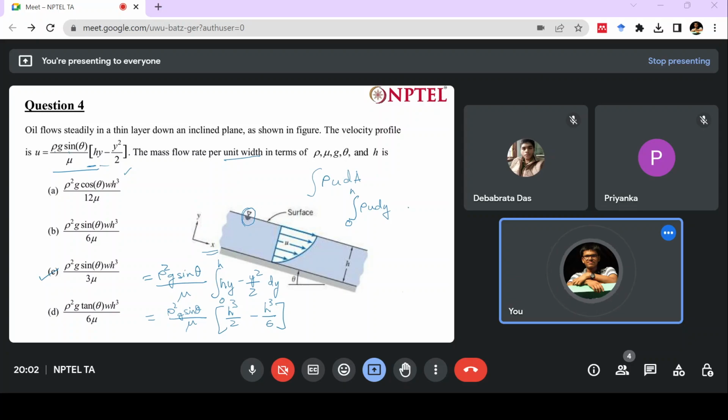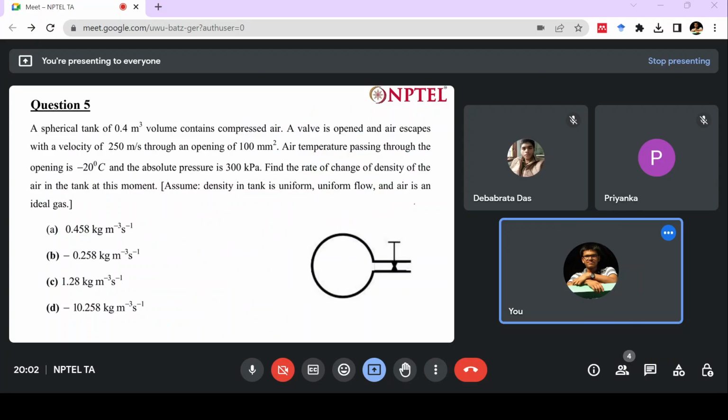Let's go to the next question. In this question, we have a spherical tank. The volume of the tank is given, and there is a valve containing the air inside this tank.